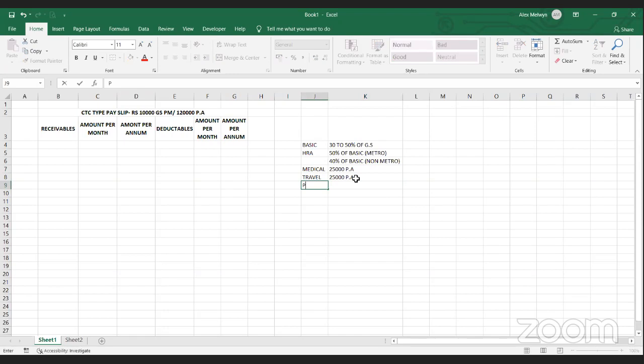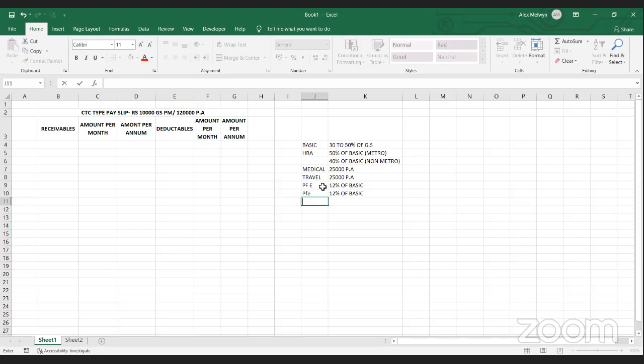After that, you have PF. You can put a capital E in the bracket to denote employer share, which is 12% of basic. As I told you, the real percentage will be 13%. If you want, you can do that also, no wrong in that. The small e denotes the employee share, 12% of basic.